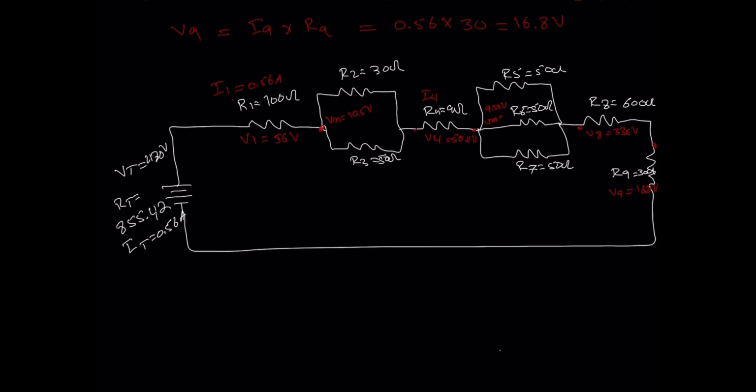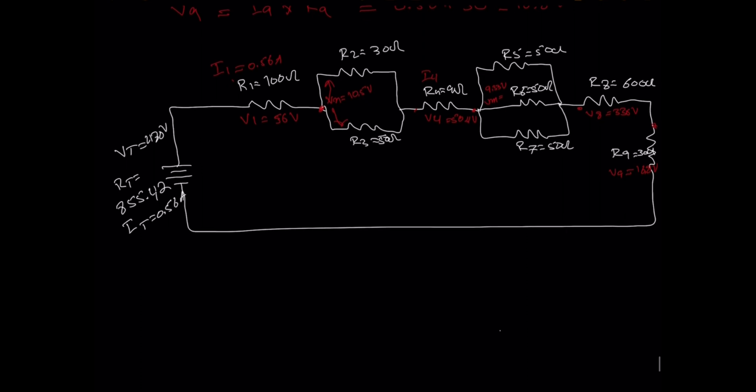If we look at this circuit right here, Vn is 10.5 volts, and this is a parallel circuit, so it branches out. 10.5 volts is going this way, and 10.5 volts is coming this way too. The same thing is true here: 9.33 volts is going to R5, R6, and R7. Looking at that, we can find I2, I3, I5, I6, and I7.